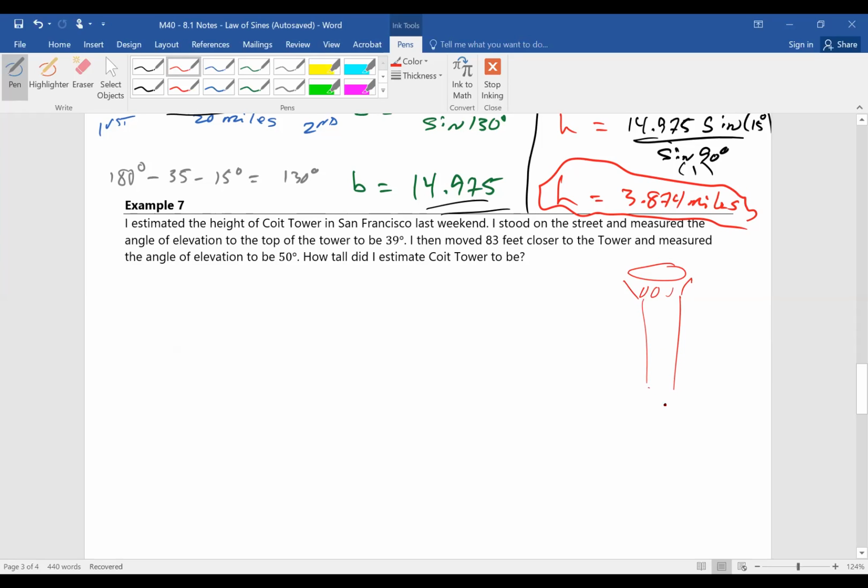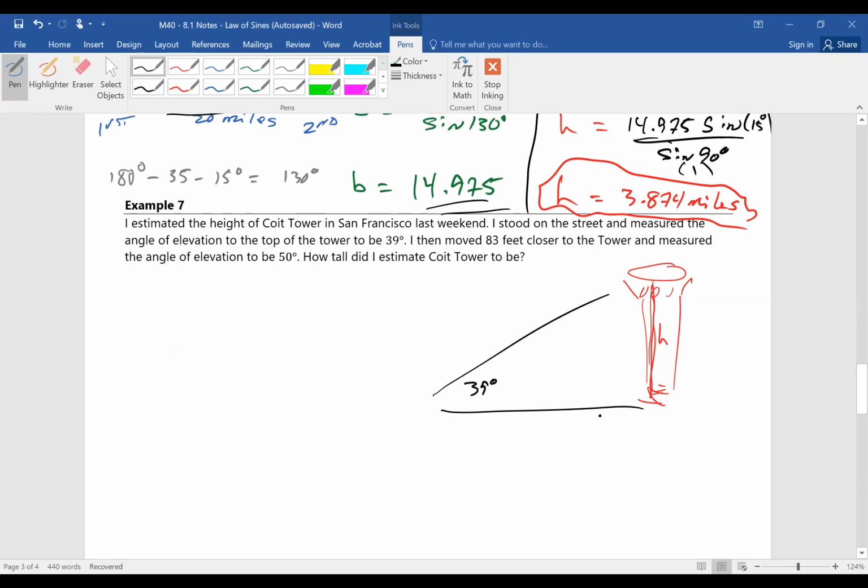But it comes down on the ground, and if you read it, for Coit Tower they want to estimate the height of that thing. So this whole thing is some height from top to bottom. Okay, so bear with my drawing. And this person stood on the street and measured the angle of elevation to the top up here to be 39 degrees.